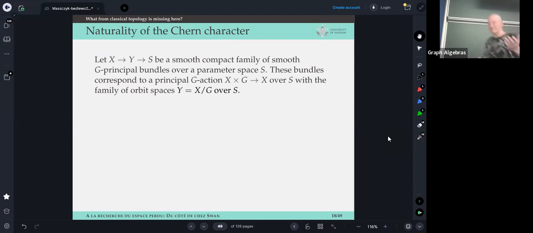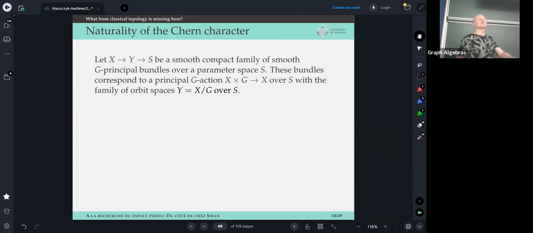If you think about vector bundles, then you can speak about their invariants. And the most important invariant of vector bundles, or their K-theoretical classes, is the Chern character.